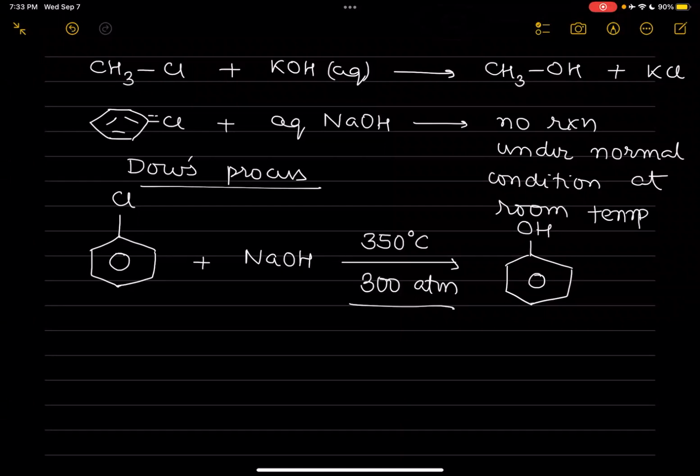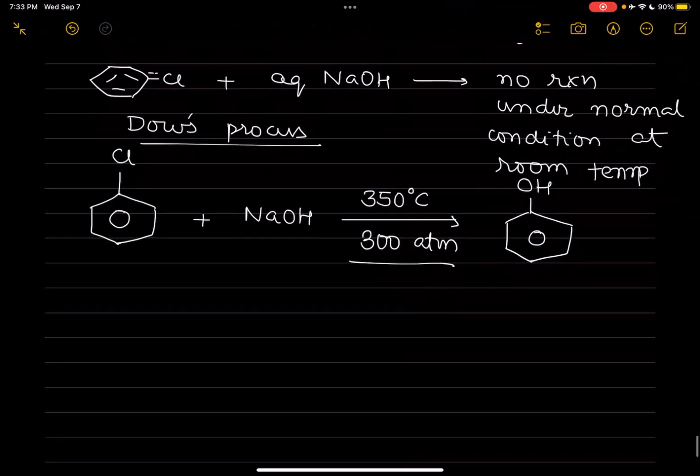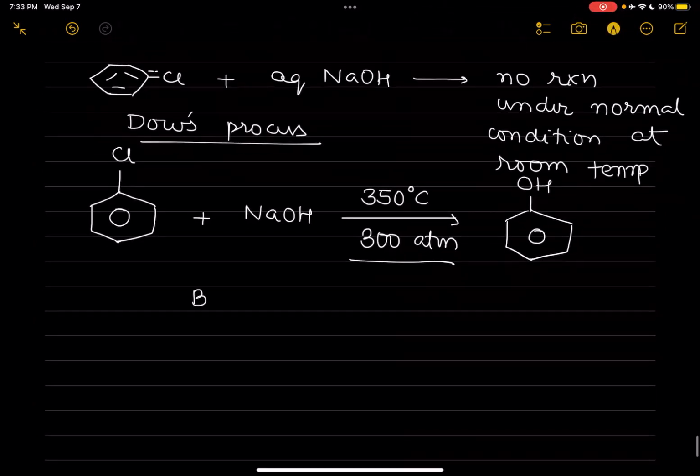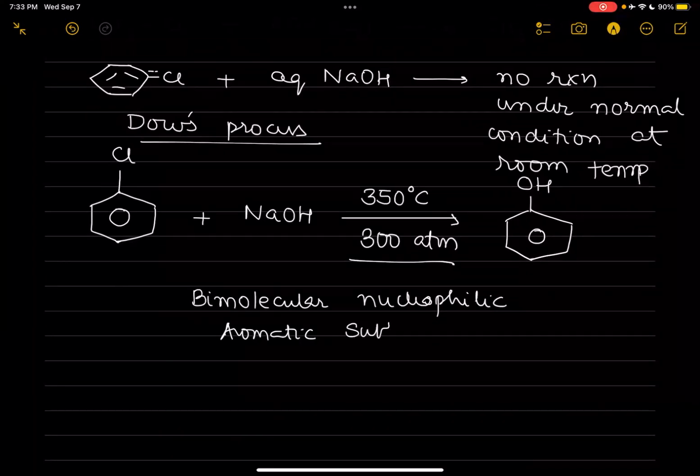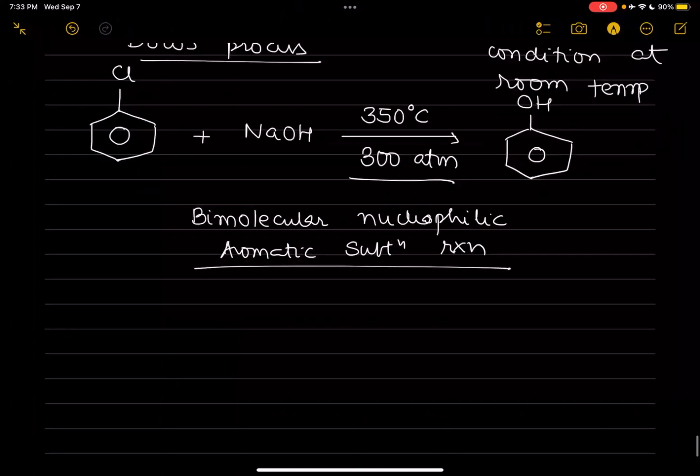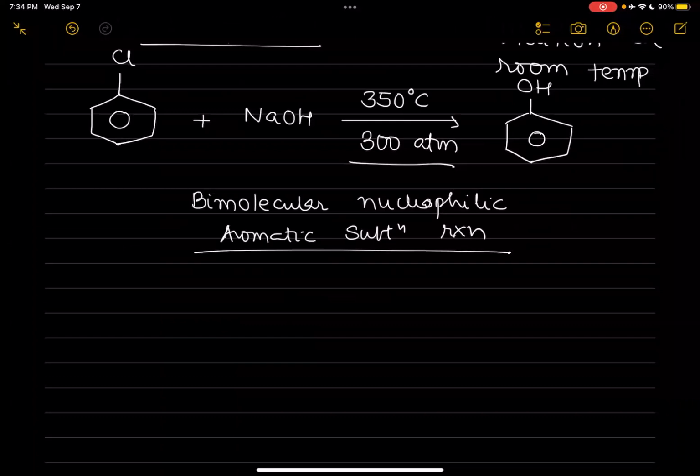It happens by an entirely new mechanism, and that is called nucleophilic aromatic substitution. Bimolecular nucleophilic aromatic substitution reaction, how it happens, let me show you.